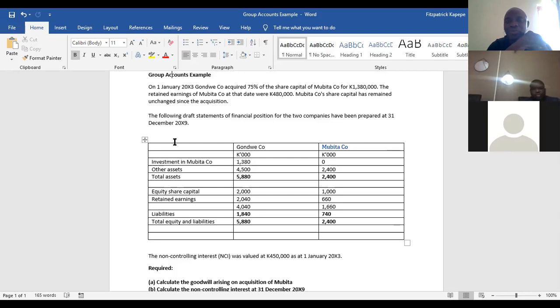So we can use the proportionate method or the fair value. If we use the proportionate method, then we'll just look at the net assets at acquisition times 25%.